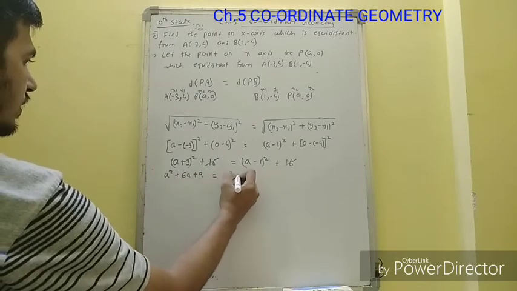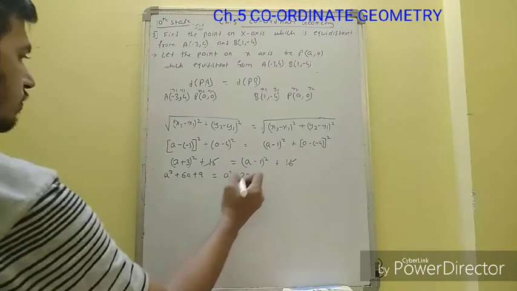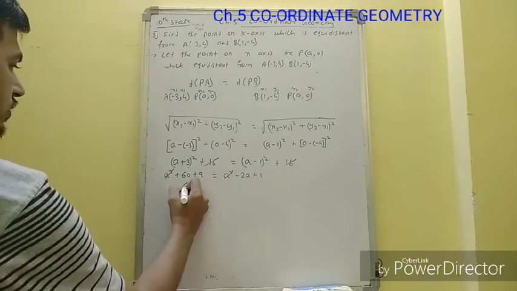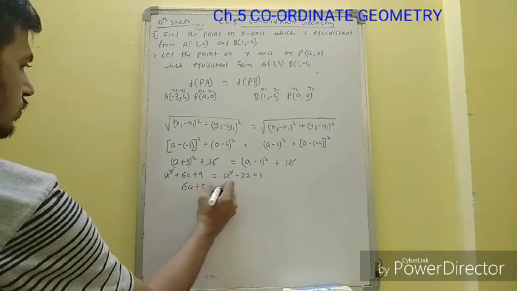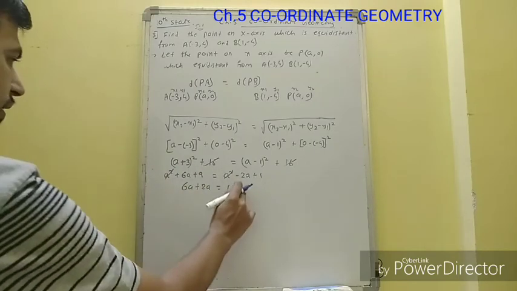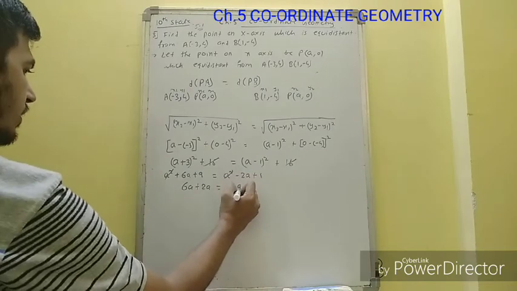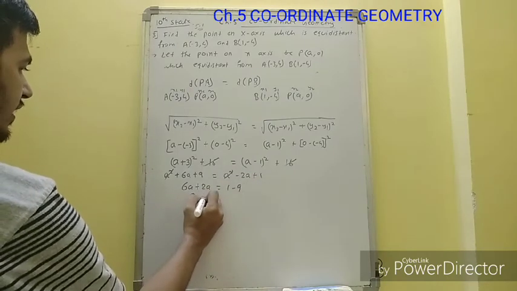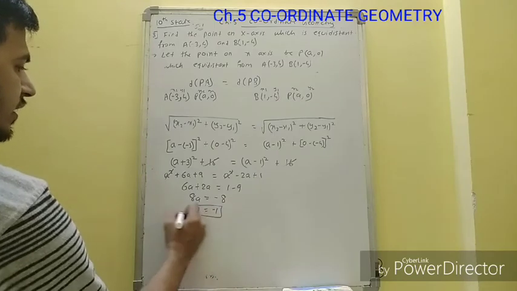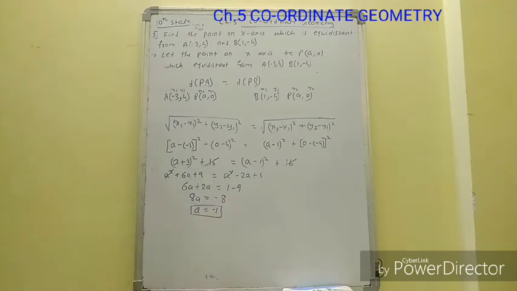Here also, a square minus 2a plus 1. A square gets cancelled. So 6a plus 9 equals minus 2a plus 1. Sorry, the 2a goes to the left, and 9 goes there and becomes minus 9, so 8a is equal to minus 8. A is equal to minus 8 upon 8, so a is equal to minus 1.